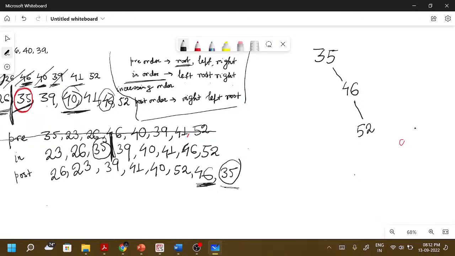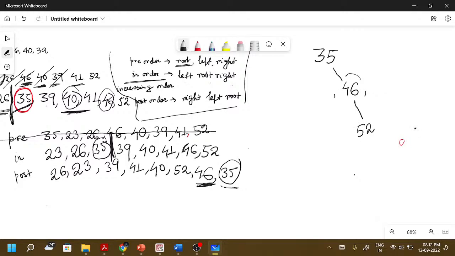When we are constructing, in the right we have first what? 52, 46, 41, 40, 39. Now consider what is there in the post order. After 35, first is 46, so 46 has to be a root. Then we can remove all this.